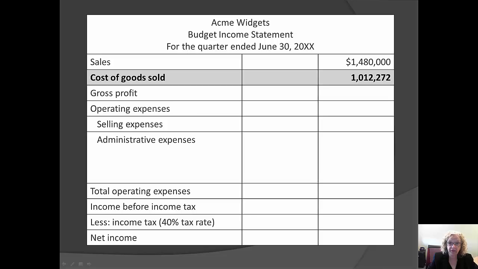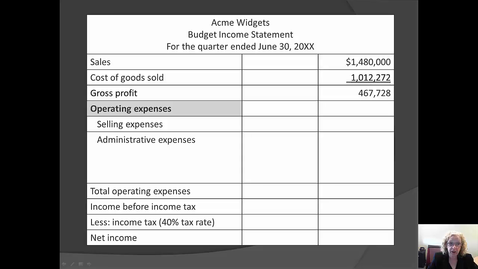Now we can bring that information back onto our budgeted income statement. Now we can compute gross profit as the difference between our sales revenue and cost of goods sold.